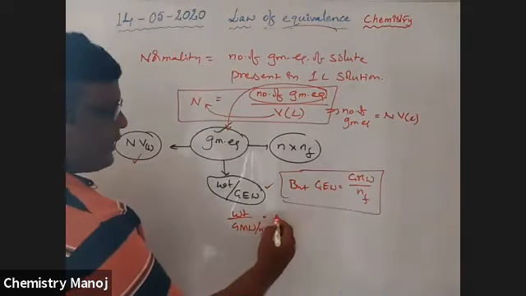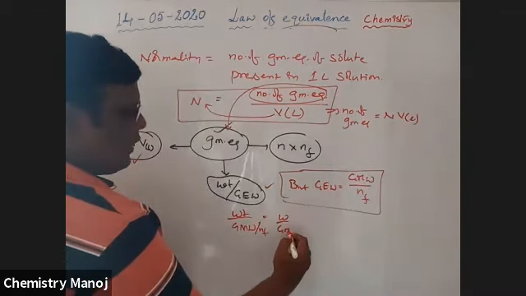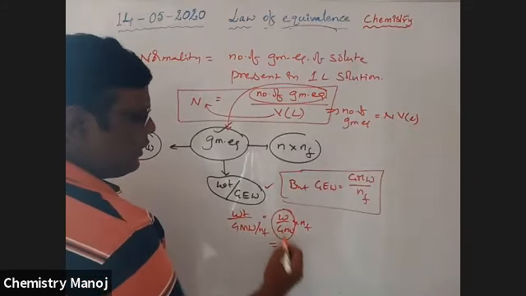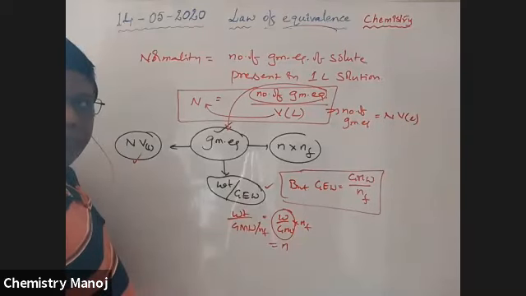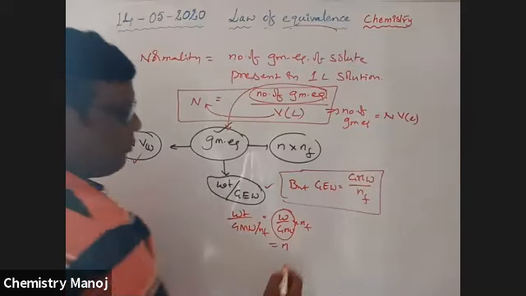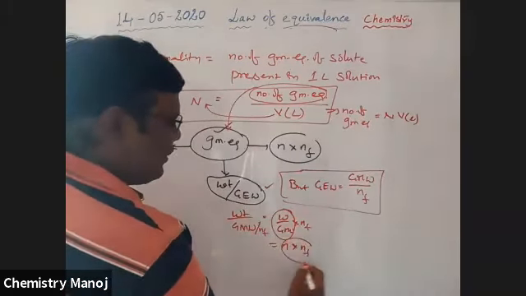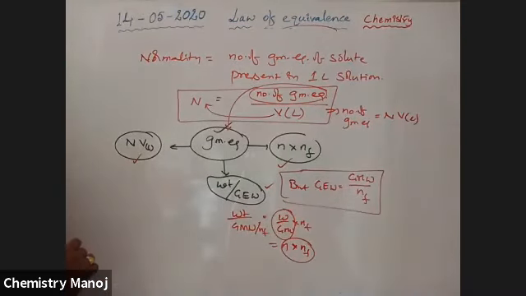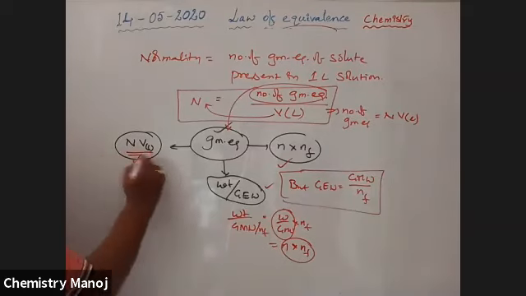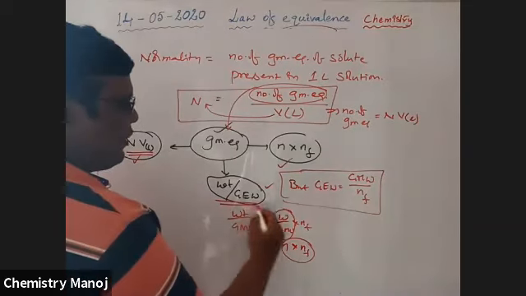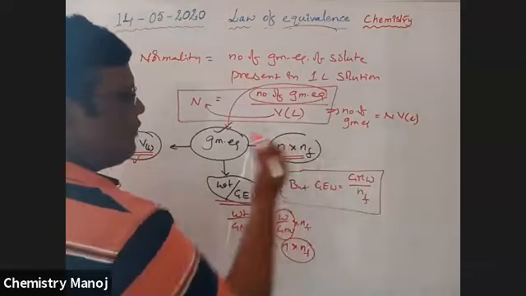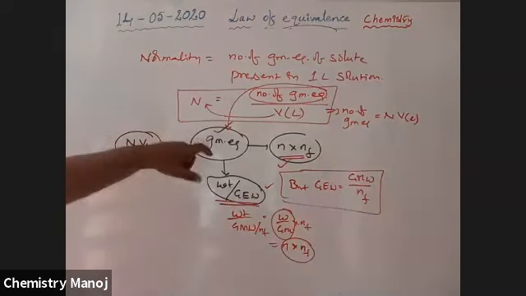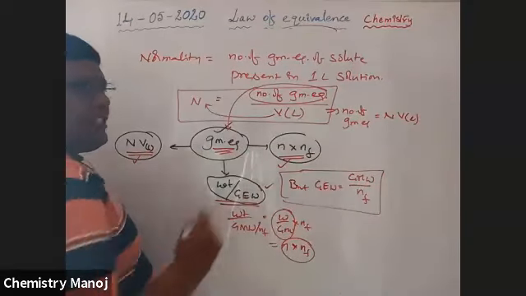That is equal to weight by gram molecular weight into n factor. Weight by gram molecular weight is nothing but number of moles. So it is number of moles into n factor. Therefore, normality into volume in liters, or weight by gram equivalent weight, or number of moles into n factor, all these are used to calculate gram equivalents of a particular substance.